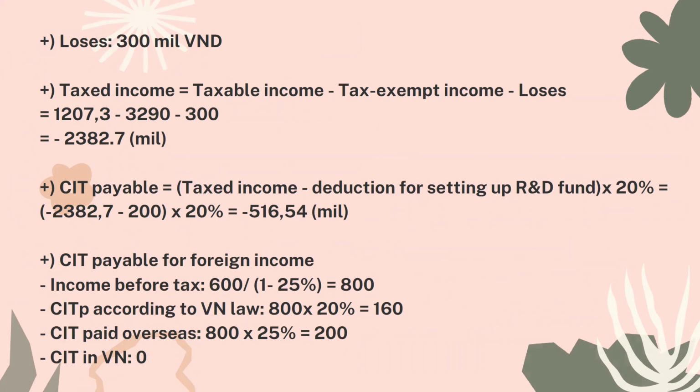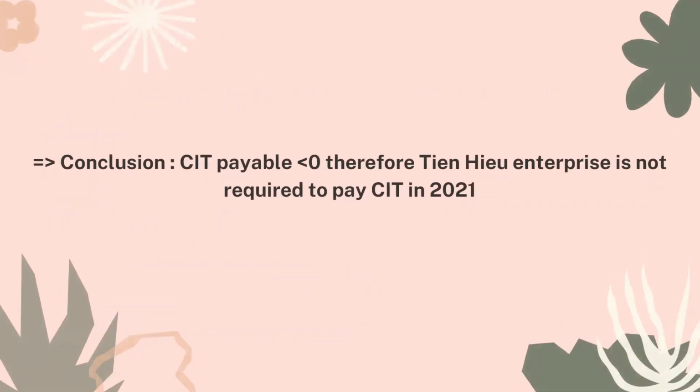So in 2021, the taxable income equals negative 2,382.7 million, and the CIT payable of Tiền Hiếu is negative 150.554 million, and the CIT payable for foreign income equals 0. In conclusion, because the CIT payable is lower than 0, Tiền Hiếu is not required to pay CIT in 2021.